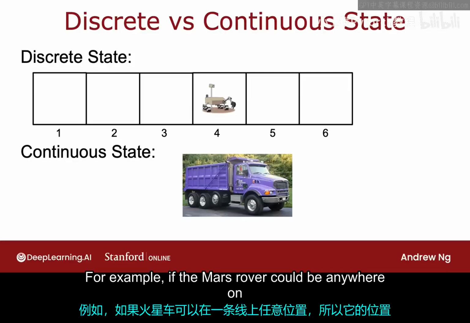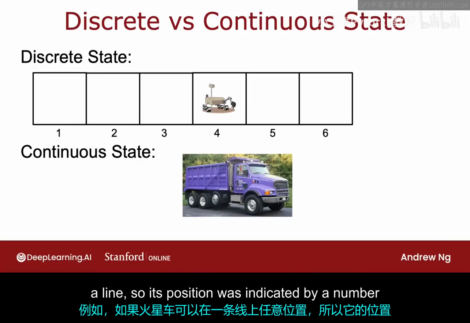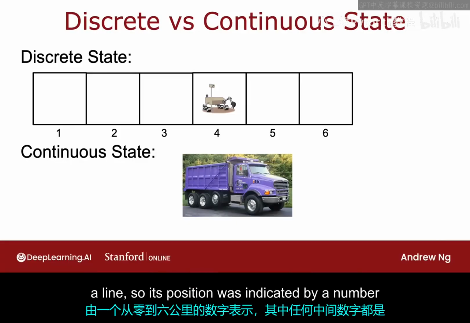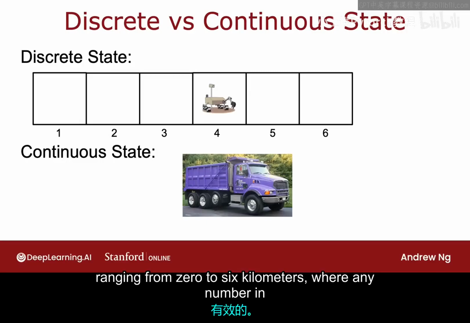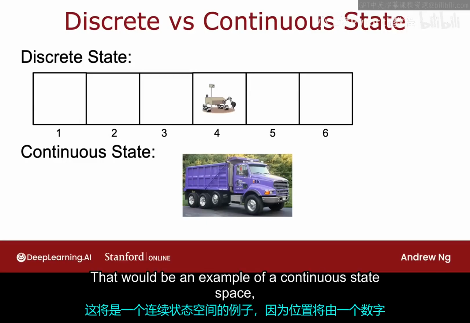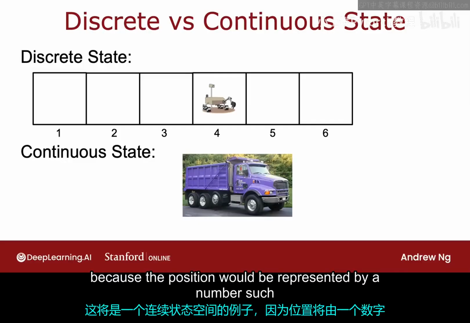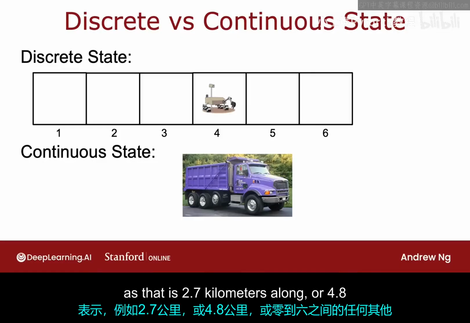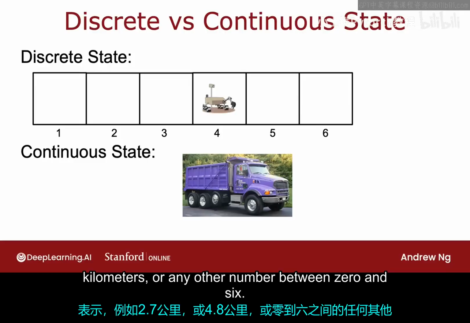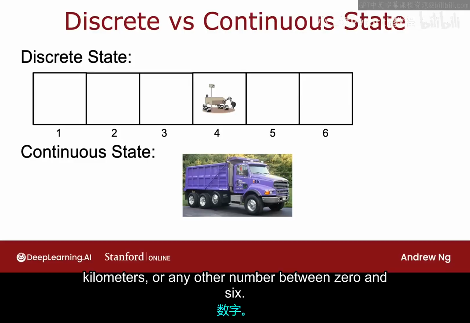For example, if the Mars rover could be anywhere on a line, so its position was indicated by a number ranging from 0 to 6 kilometers, where any number in between is valid, that would be an example of a continuous state space, because the position would be represented by a number, such as 2.7 kilometers along, or 4.8 kilometers, or any other number between 0 and 6.